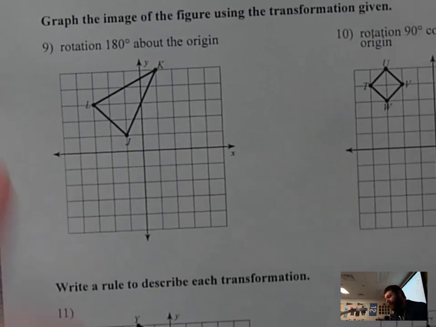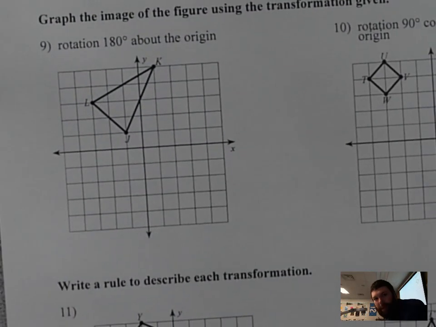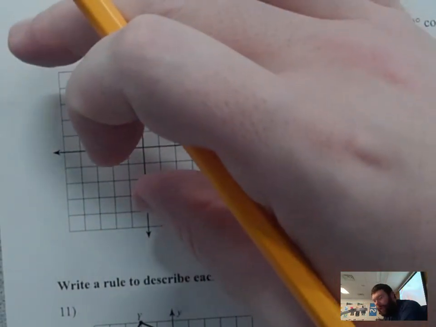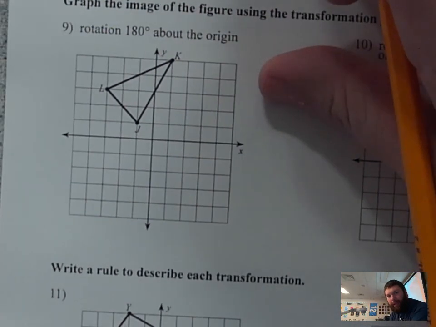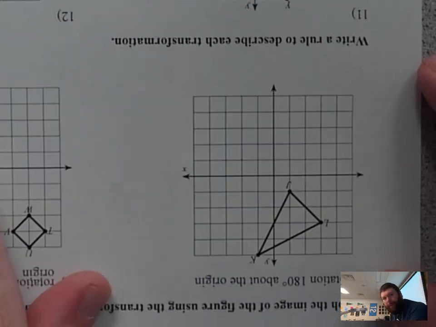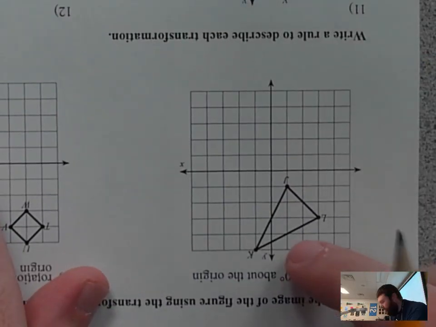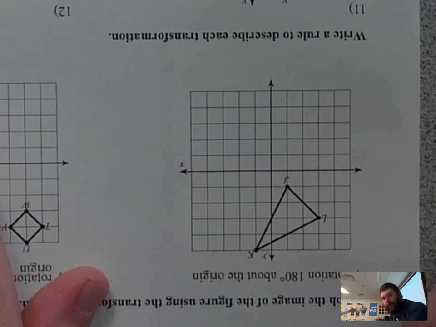Rotating. Rotating is going to be fun. So we can do this just by moving our paper. So if I want to rotate 180 degrees, 180 degrees on my paper would be completely upside down, right? So if I just turn my paper upside down, that's where my shape should be if I rotated 180 degrees.